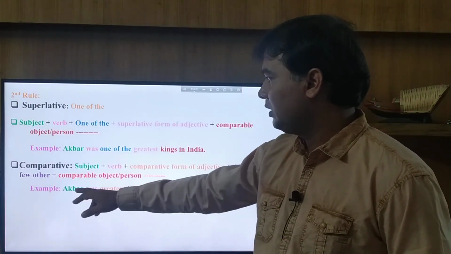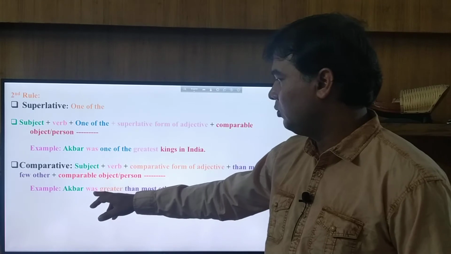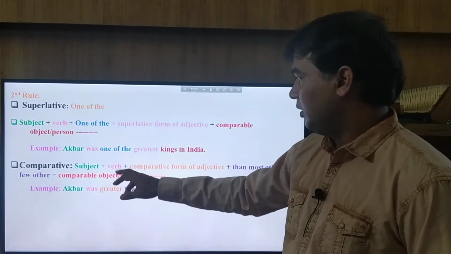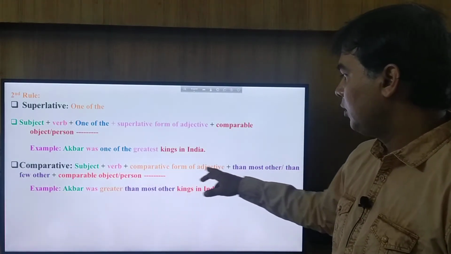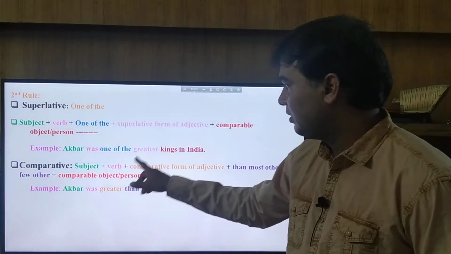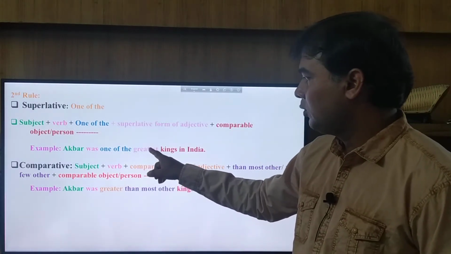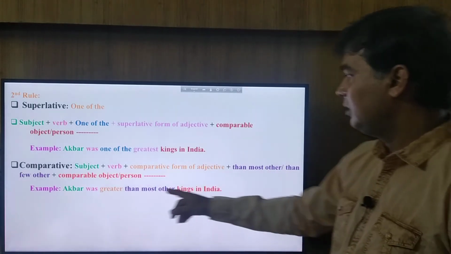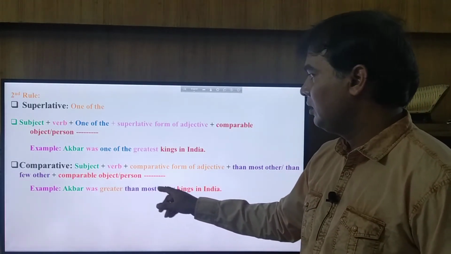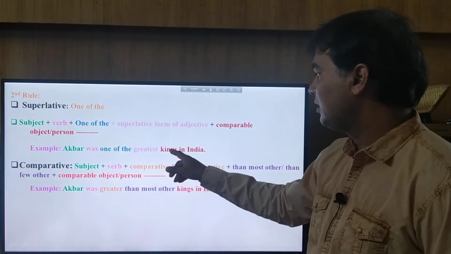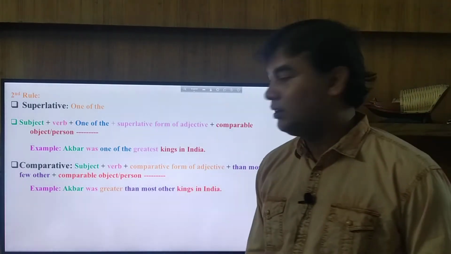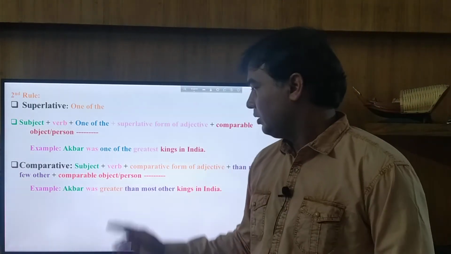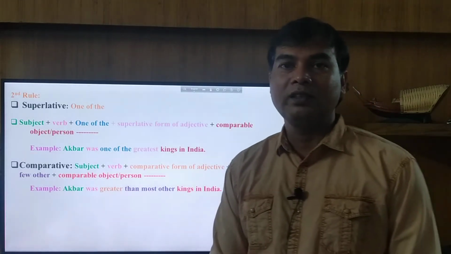Akbar, subject, then verb was, then comparative form of adjective, greatest is the superlative form, comparative form greater, then "than most other", then comparable object or person, kings in India. So, the answer is: Akbar was greater than most other kings in India.